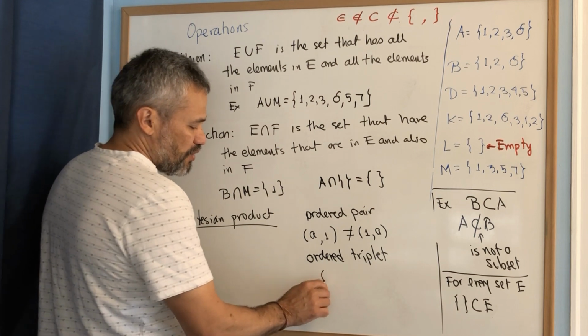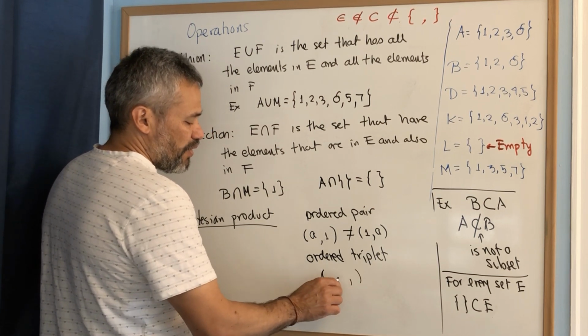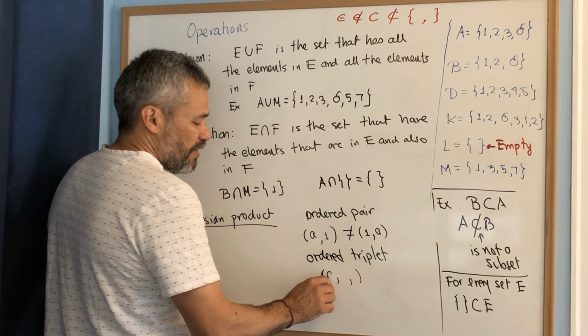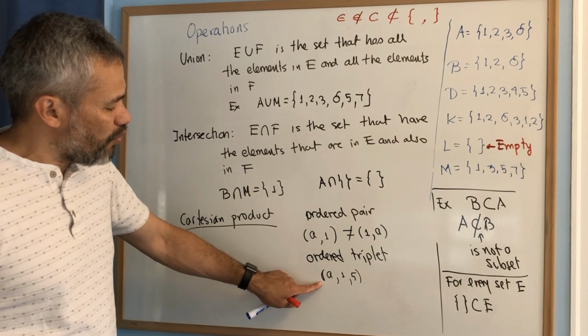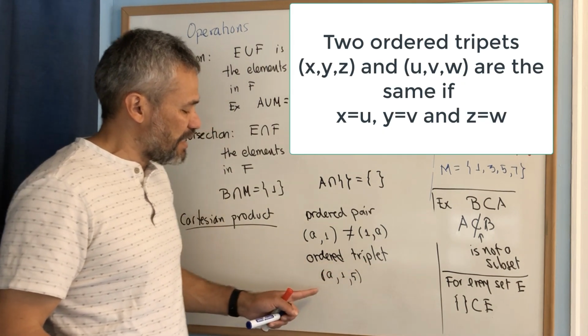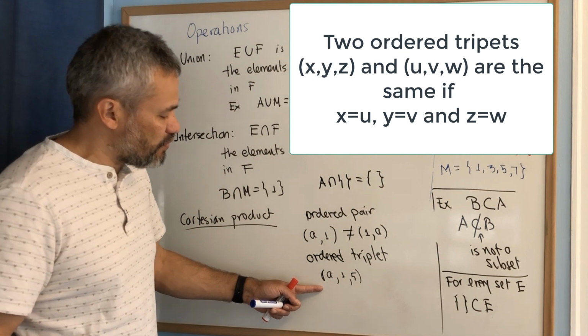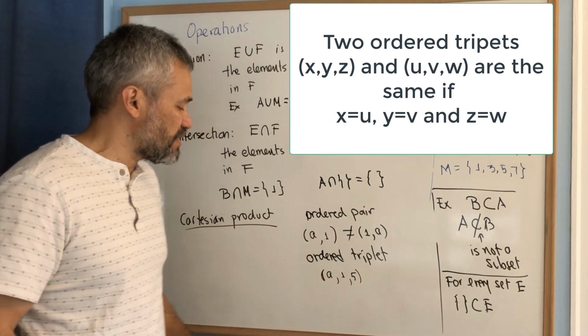In this case, we're going to have 3 elements. Like you start with a parenthesis, there are 2 commas, and we have like (A, 1, 5). And the rule is that 2 ordered triplets are the same if the first entry is the same, if the second entry is the same, and their third entry is the same.